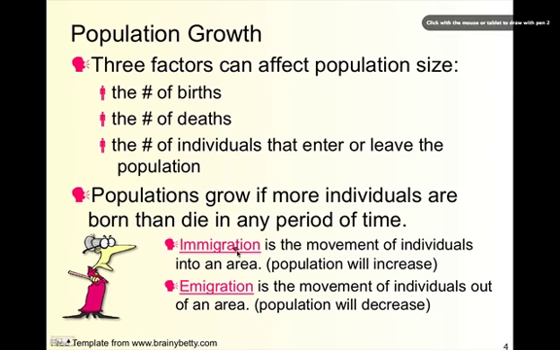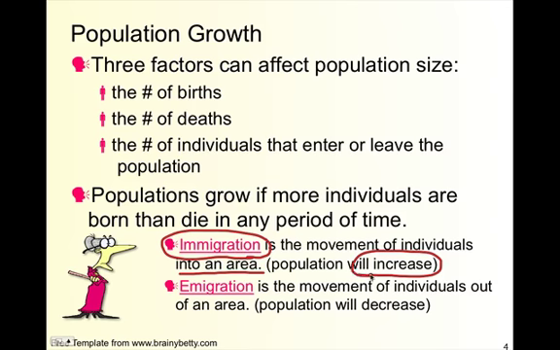So once again, immigration, movement of individuals into an area, causes the population to increase. Emigration is movement of individuals out of an area and causes the population to decrease.